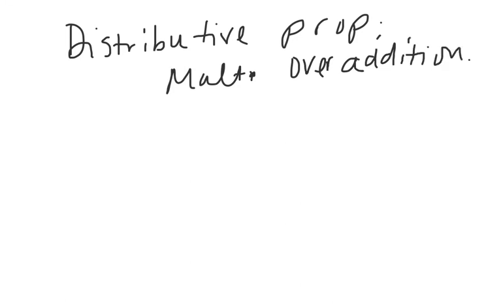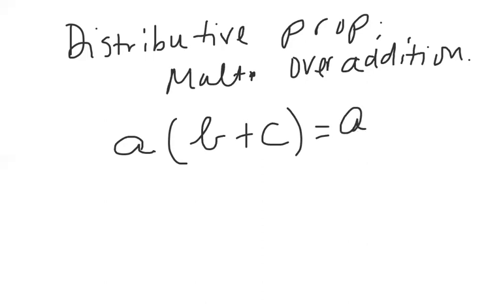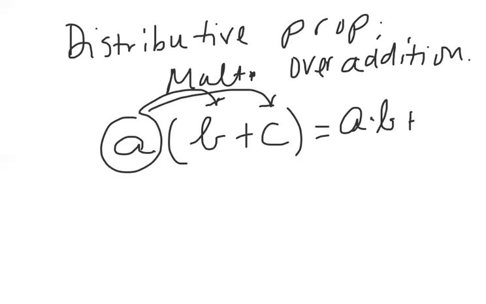So guys, if I had A times the quantity B plus C, I would take the A and multiply it by everything inside the parentheses. So this would give me A times B plus A times C. Notice the A is being multiplied by each term inside the parentheses.